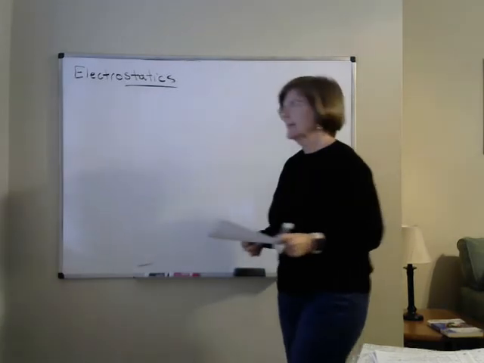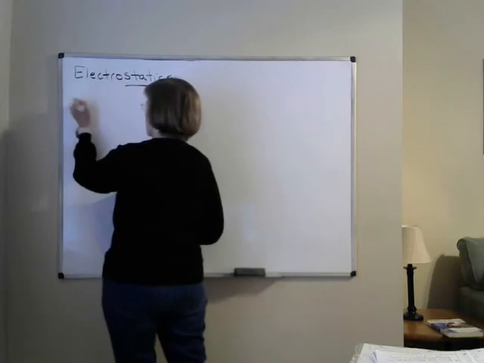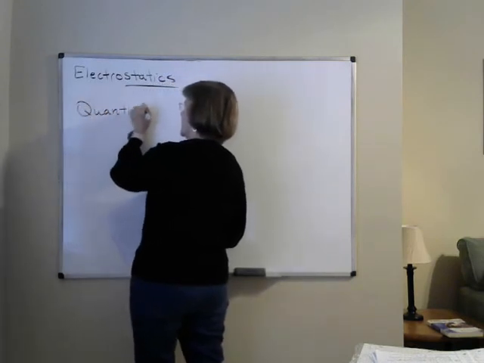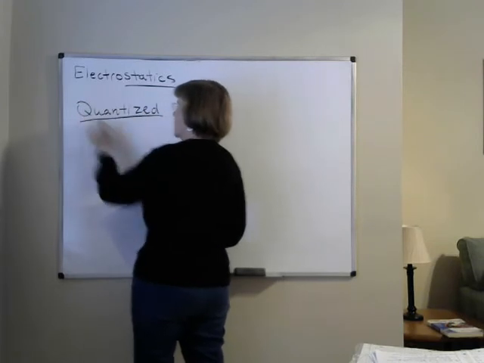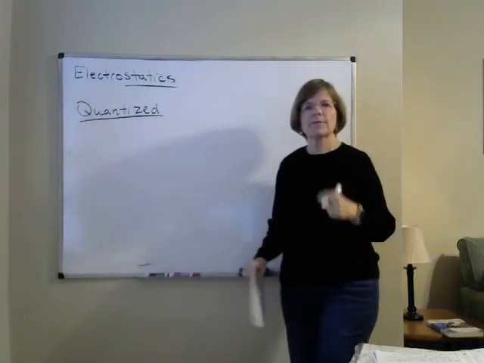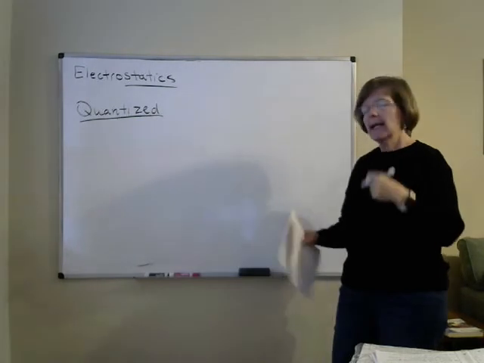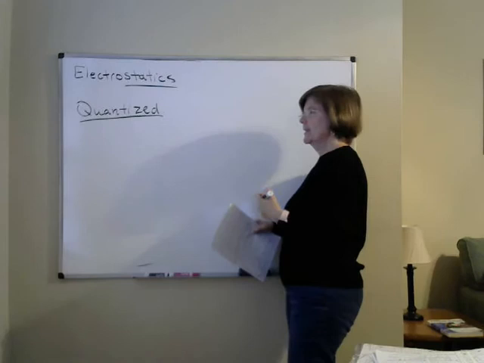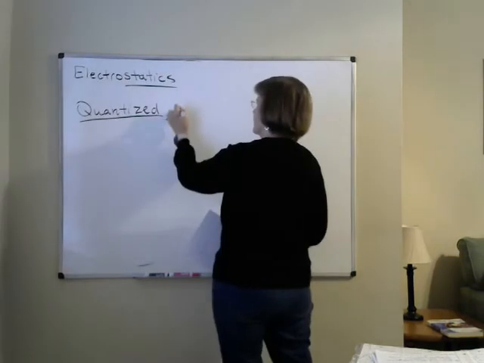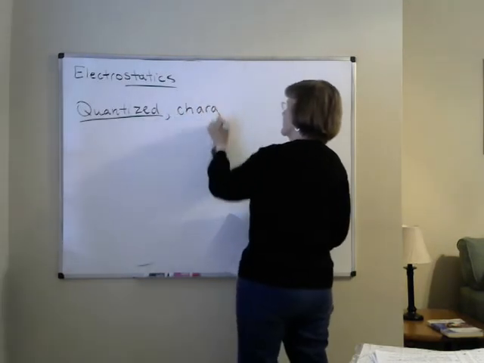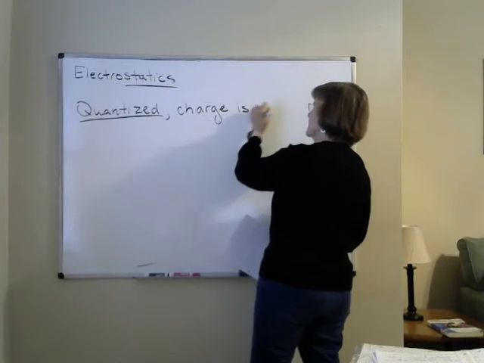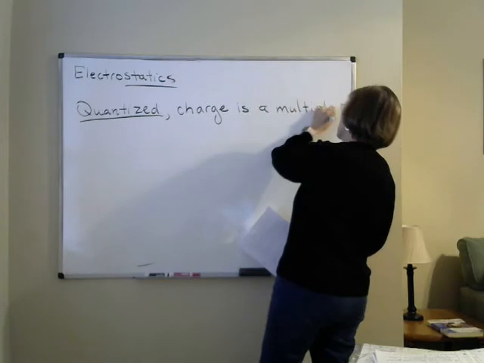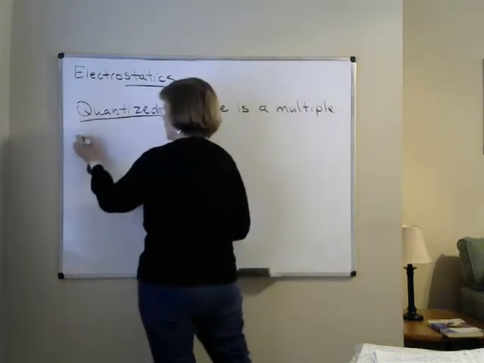One is the idea that charge is quantized. When something's quantized, it comes in very definite amounts. In this case, we generally think of all charge being multiples of the elementary charge.